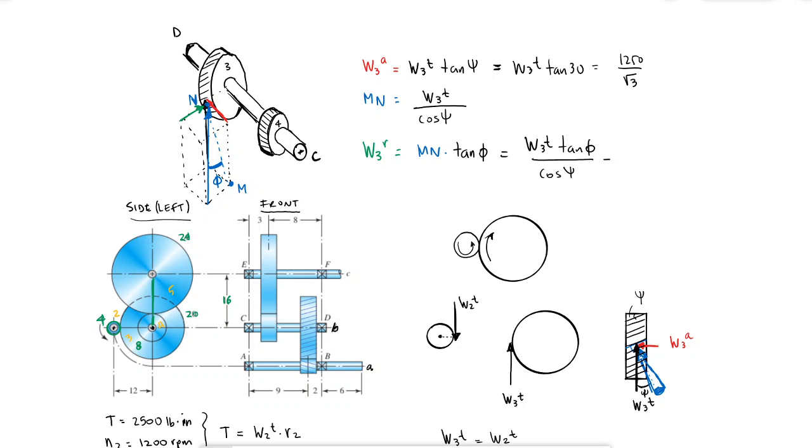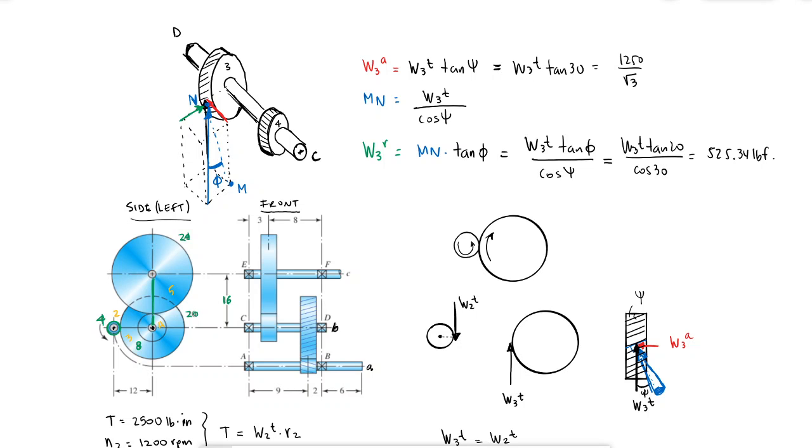And W3R, the radial one, would be 3 tangent of 20, which is the pressure angle, over cosine of 30. And this is 525.34 pounds. Okay. Right.